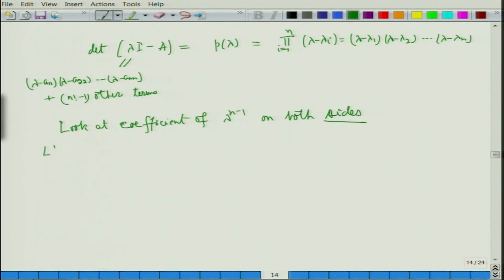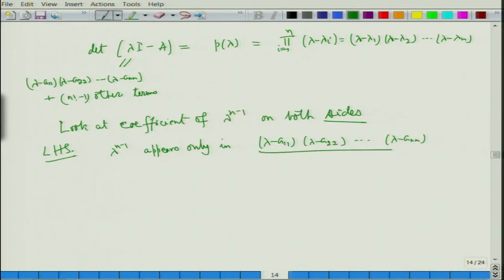On the left hand side, lambda to the power n minus 1 appears only in lambda minus a11, lambda minus a22, up to lambda minus ann, and this gives me the coefficient of lambda to the power n minus 1 as minus of a11 plus a22 plus up to ann, all right.